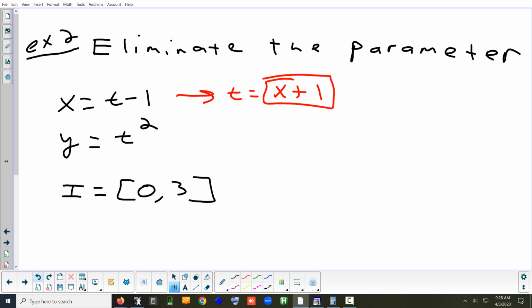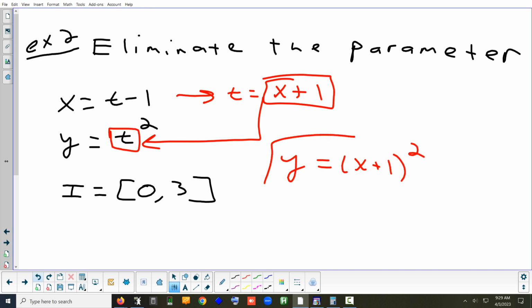You would replace the t with x plus 1. So you solve for t in the x equation, and then you substitute it in for the t in the y. So this is going to turn into y equals, in parentheses, x plus 1 squared. There you go.